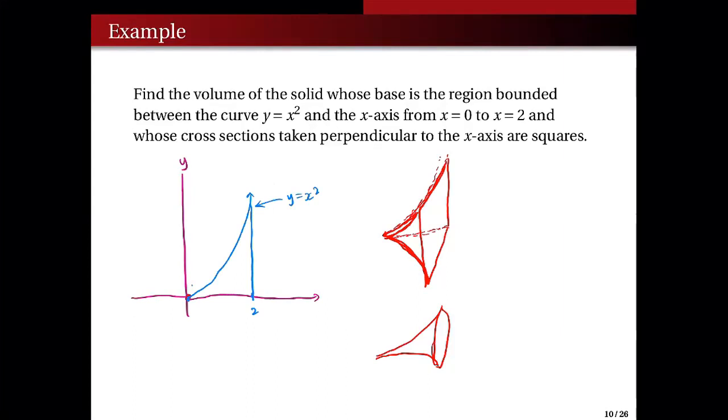For this part here, you form that square. At this point, the area of that particular square is just 2 squared. Actually, is it 2 squared? No, it's not 2 squared. It's 4 squared, because from here up to here the length will be equal to 4. So this length is equal to 4, and therefore this side is also equal to 4.